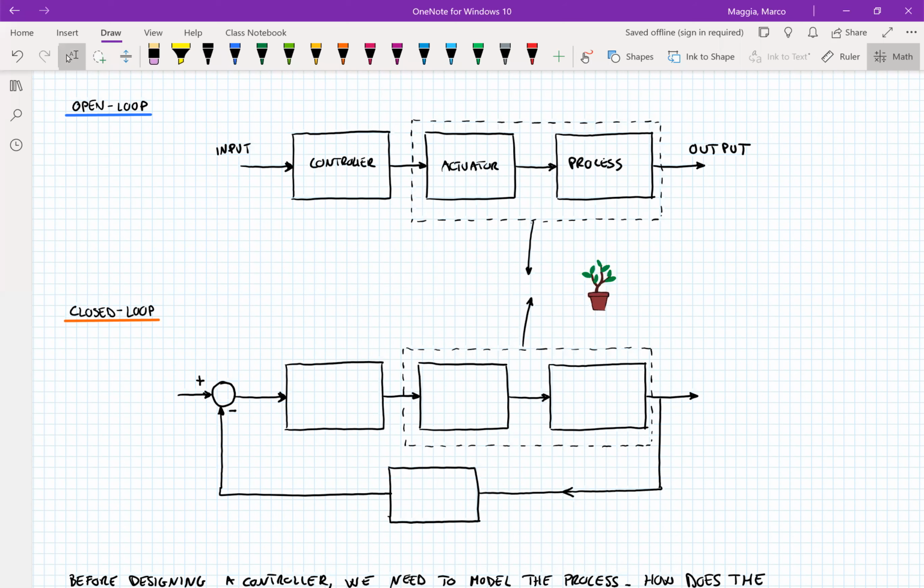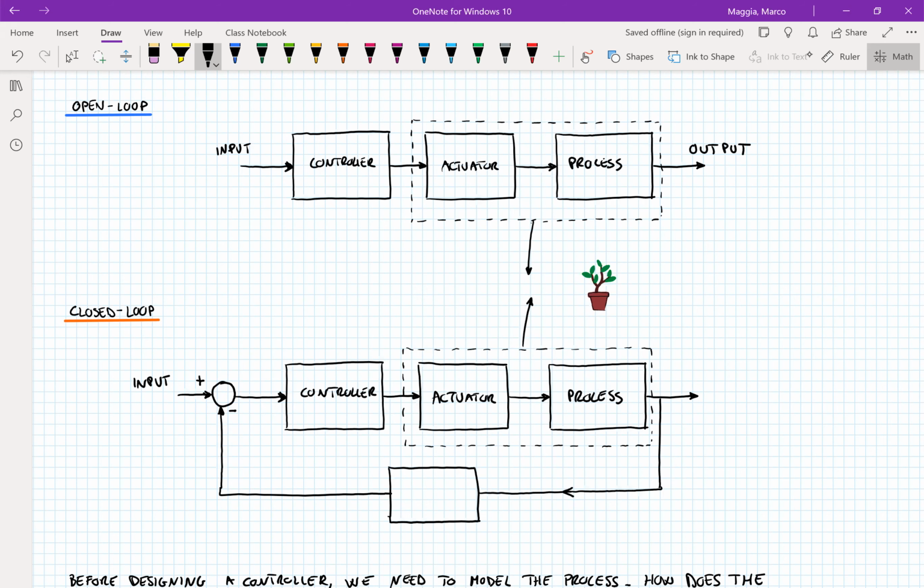When we consider closed loop control systems, well, we have always the input, the controller, all the upper branch is the same. So we have the controller, the actuator, and the process.